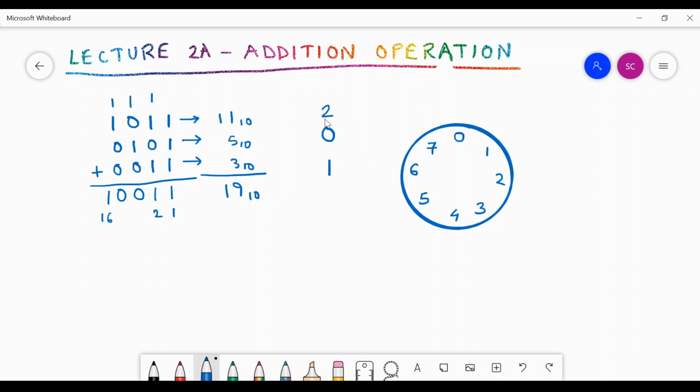But since 2 is not a digit in your binary system, you have to change this 2 to 1 0, as 2 is represented in binary, and use this 1 0 as the carry. So how this is put in the carry position, that is what we are going to see in this example. So let us add one more number here.